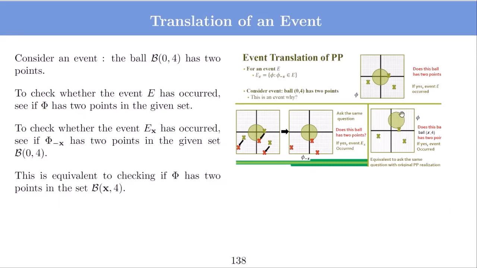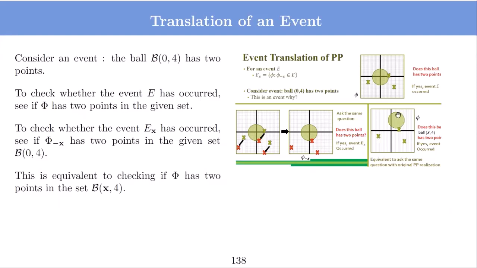And this set is what? This set is nothing but this ball shifted by X. So in other words, by saying event EX has occurred, I can either look at the version shifted by minus X and see if it has property E or not, or I can look at the original point process and modify this property a little bit.